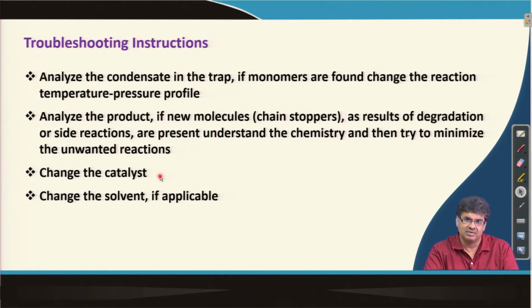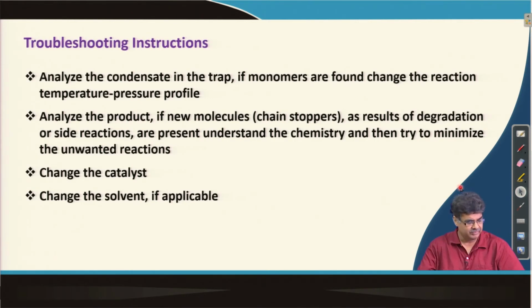And of course, there are other ways to try, such as changing the catalyst, and if you are doing solution polymerization, then changing the solvent. So, these are some troubleshooting instructions you should follow if you are doing some linear step polymerization and not able to build the molecular weight you are targeting.